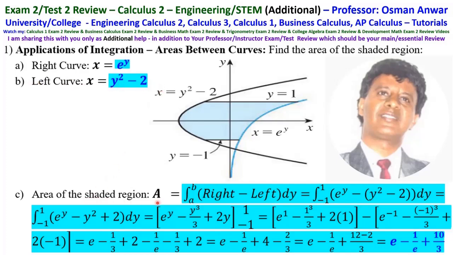And the area is integration from a to b, right minus left dy, which is from minus 1 to 1 e to the y, that's the right curve, minus y squared minus 2 dy, which is from minus 1 to 1 e to the y minus y squared plus 2 dy, which is e to the y minus y cubed over 3 plus 2y, from minus 1 to 1.